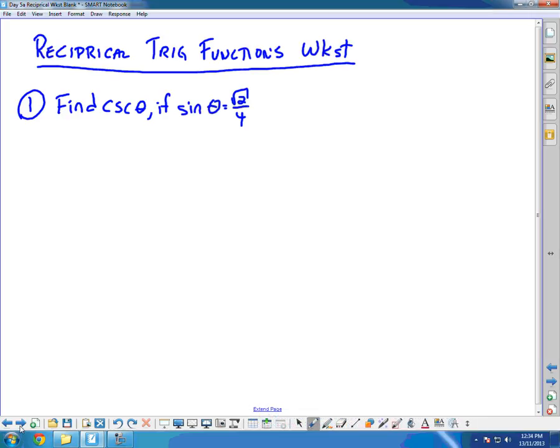If I had to write something, I could say this. This is just saying the reciprocal. And you could actually do the substitution if you wanted.